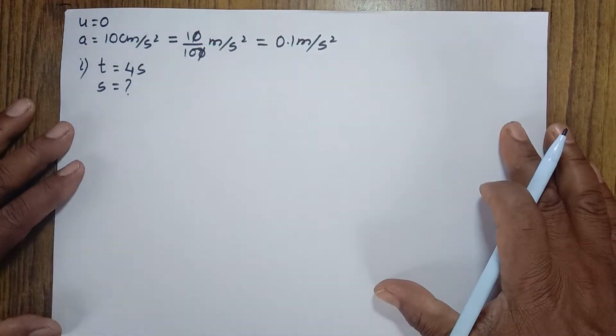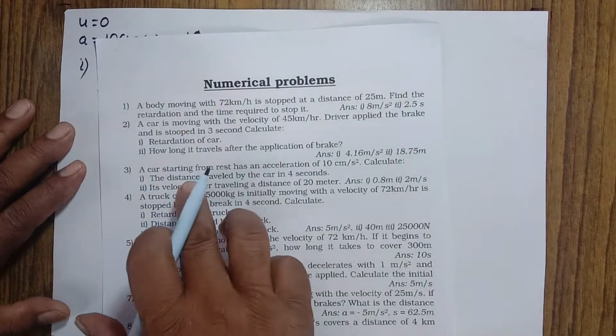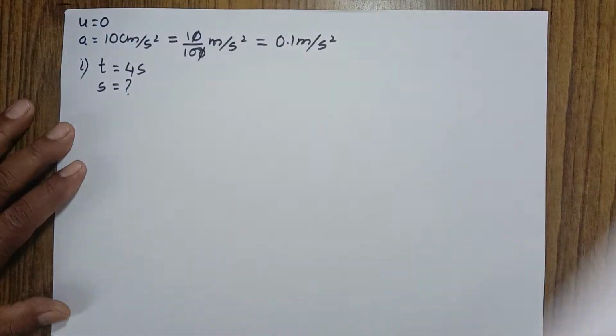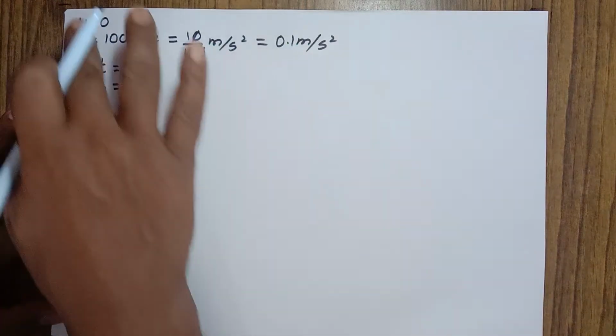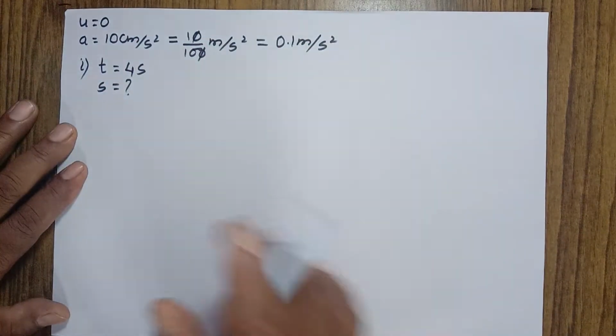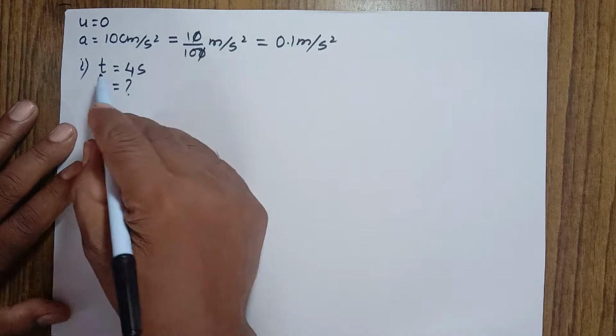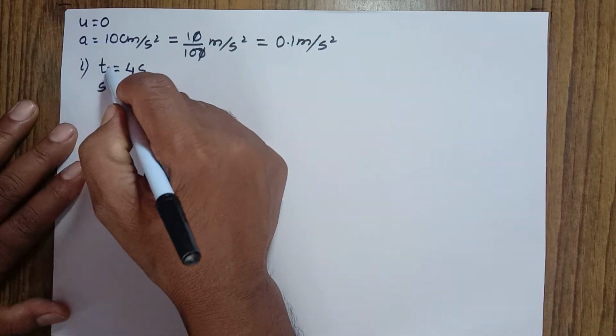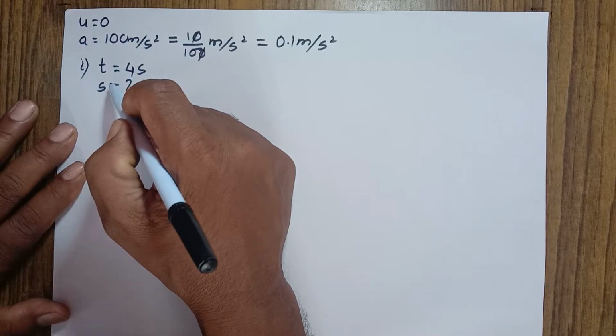Now we don't have to see this question to solve because everything is converted into mathematical form. That's why I want to continue with this mathematical form. Now u, a, t, s, we are related with 4 symbols. u, a, t are given and s is the question.